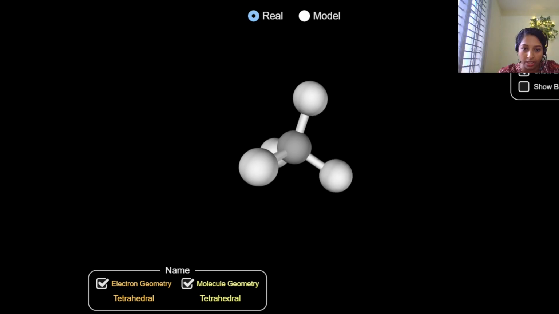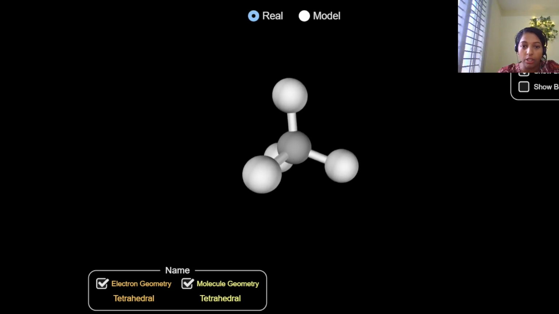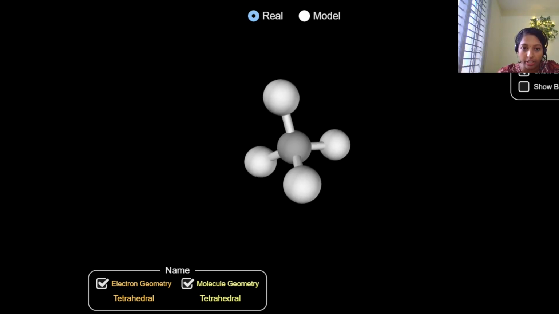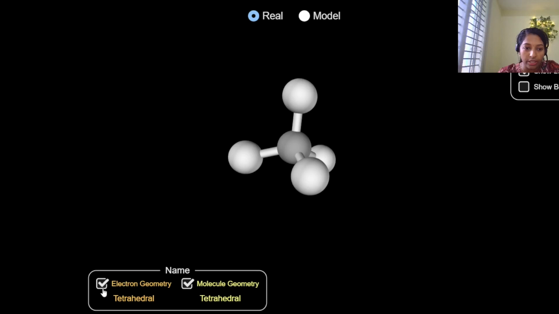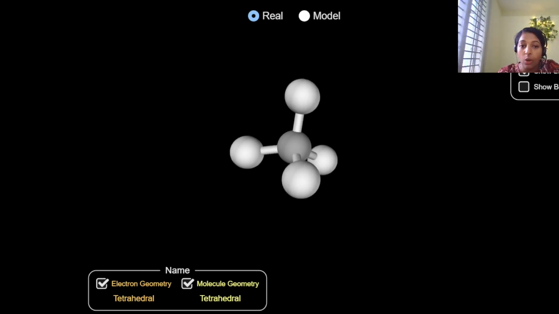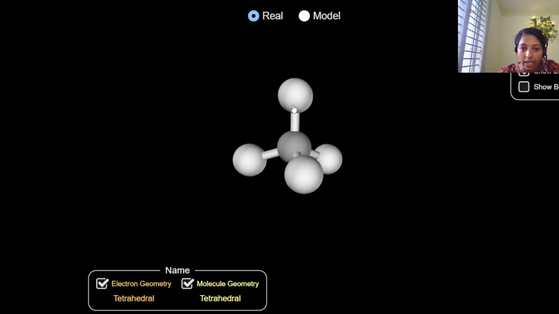In that way also you can imagine. Anyway, this is what we call tetrahedral. And all the angles are 109.5. Here also you can see electron geometry as well as molecular geometry are the same, because there is no lone pair of electrons on the central atom.